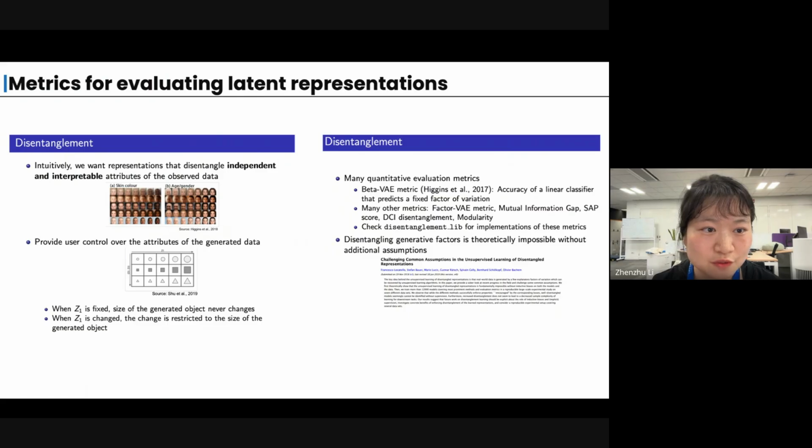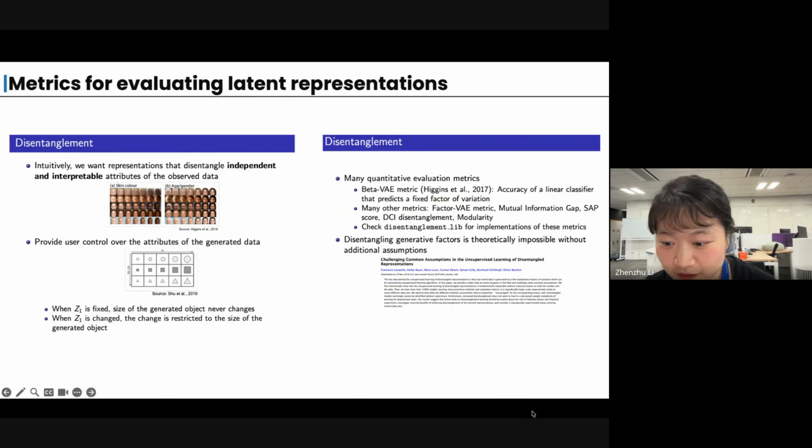We want to disentangle the different features, so that the contribution from each modality to the data can be evaluated. For example, for human beings, if a model can disentangle the features of skin color from age or gender, then this model can be more steerable for our purpose. Are there any questions?